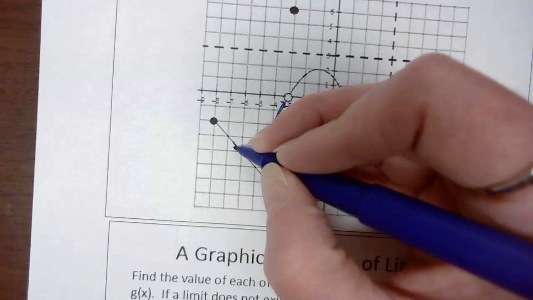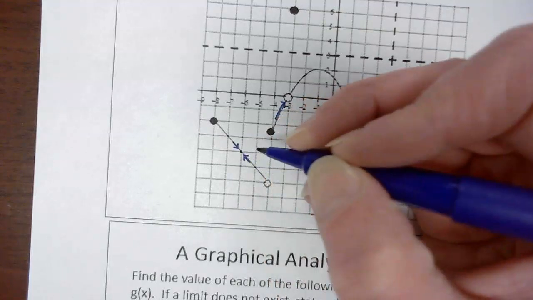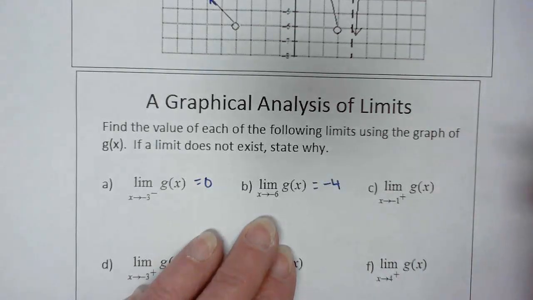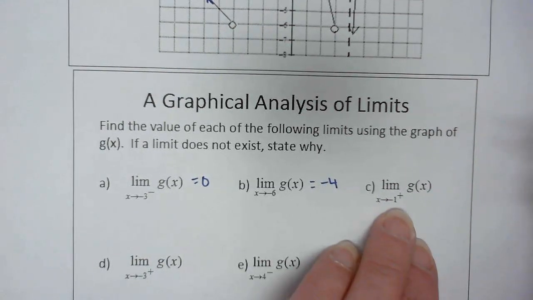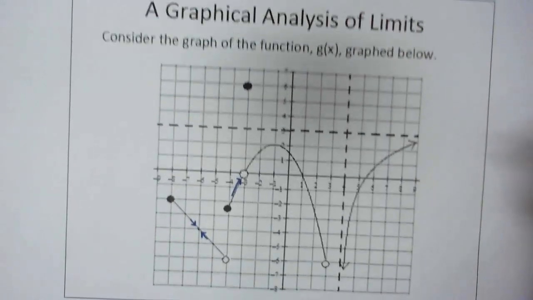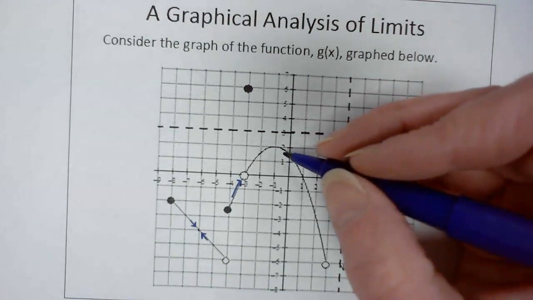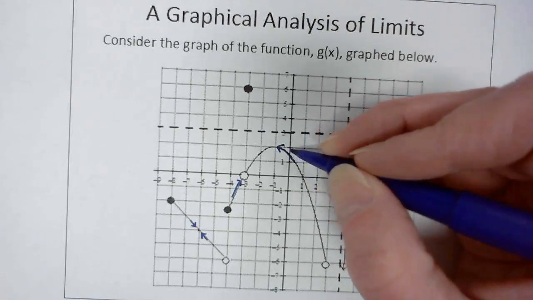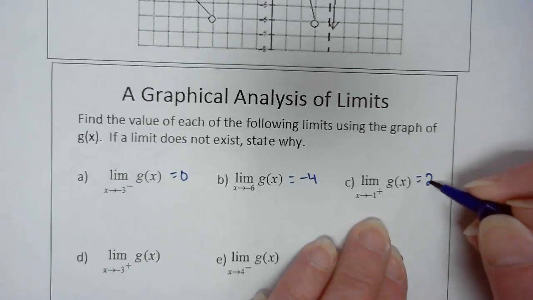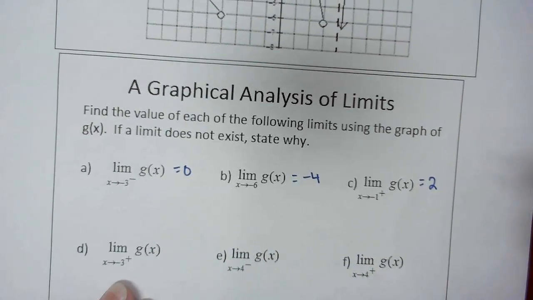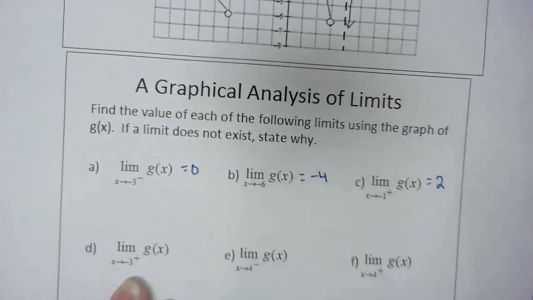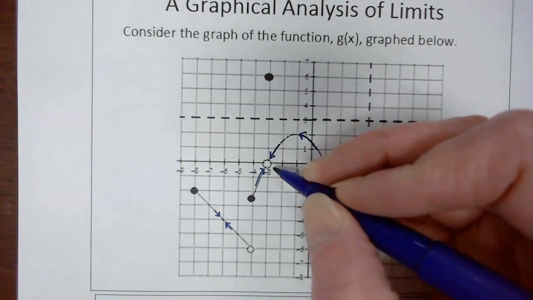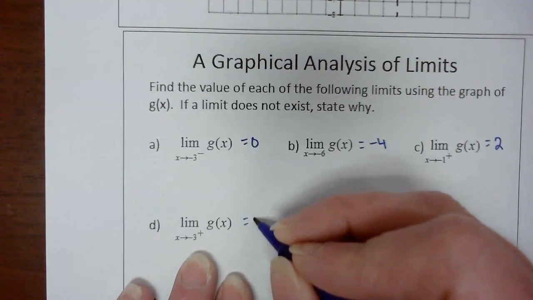Here, the left side and the right side are approaching the same place, and that's -4. As x approaches -1 with a plus, that means from the right, the y value is 2. As x approaches -3 with a plus, that means from the right. If I'm coming from the right, I'm actually hitting that same spot, y equals 0.